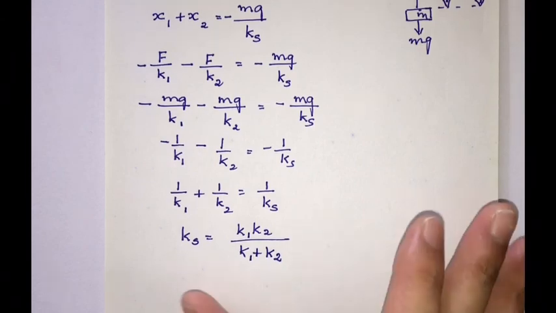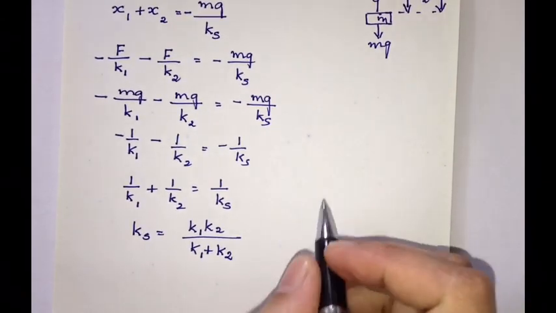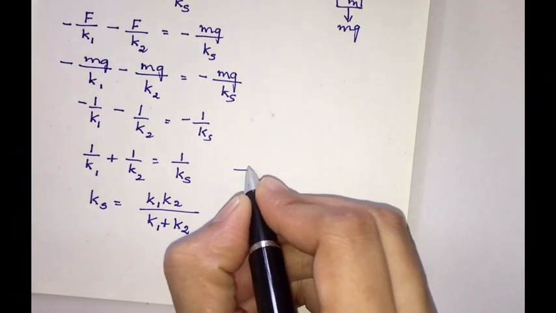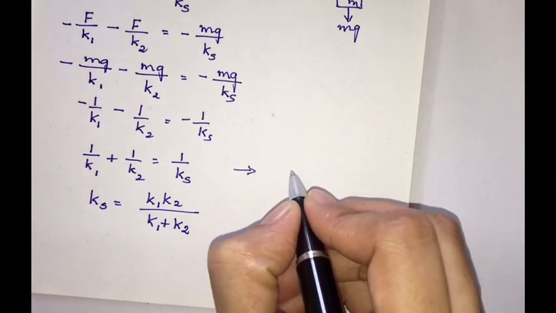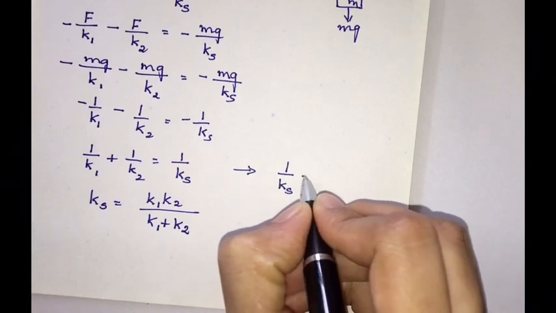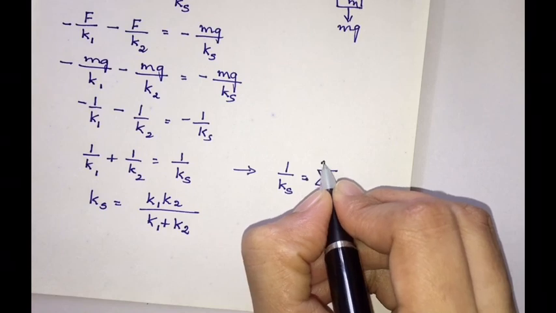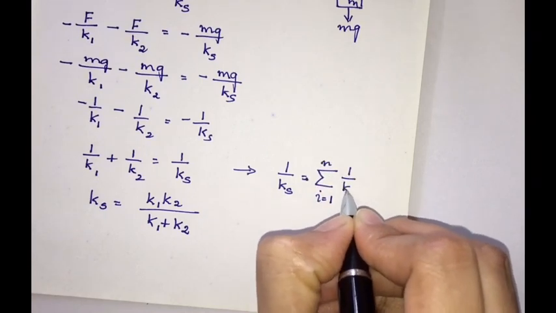If we have more than two springs, I can rewrite this equation as 1 by Ks is equal to the summation from i equal to 1 to n springs of 1 by ki.